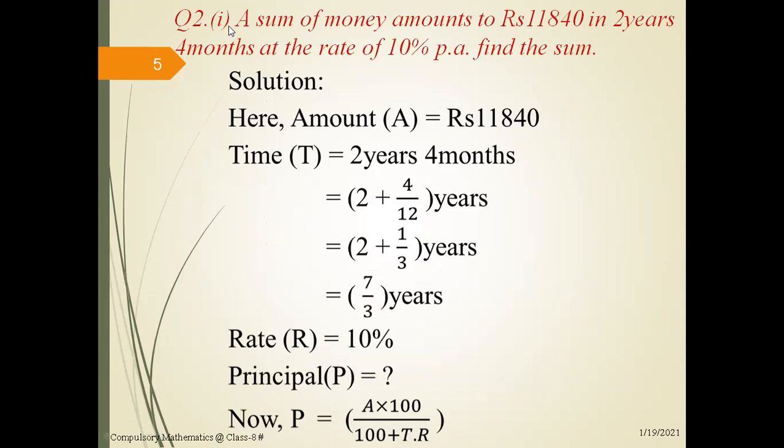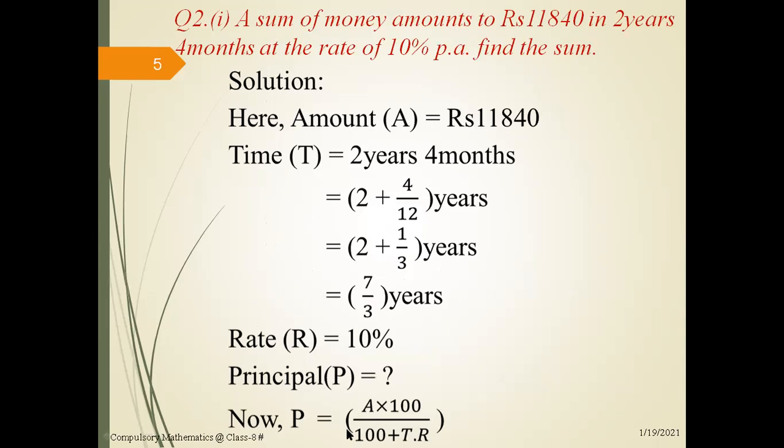Look here, a sum of money amounts to rupees 11,840 in 2 years 4 months at the rate of 10% per annum. Find the sum. This is a similar one. We have to convert 4 months into years, then it will be 2 whole number 1 by 3, that means 2 threes are 6, 6 plus 1, 7 by 3. The rate of interest is 10% per annum.